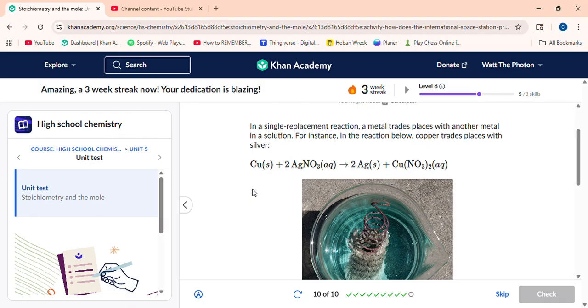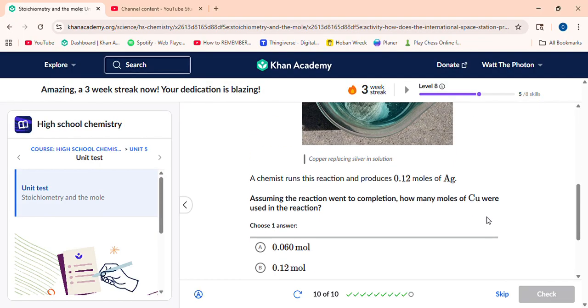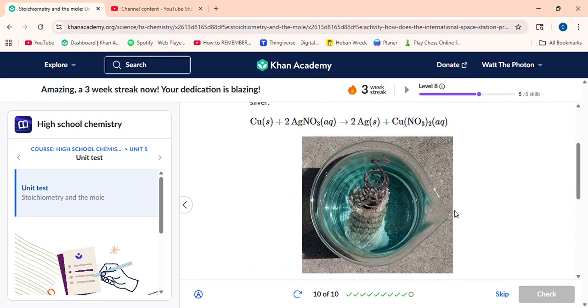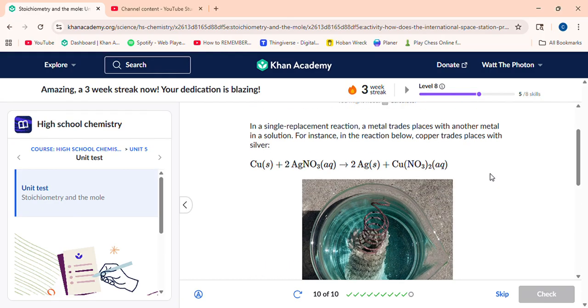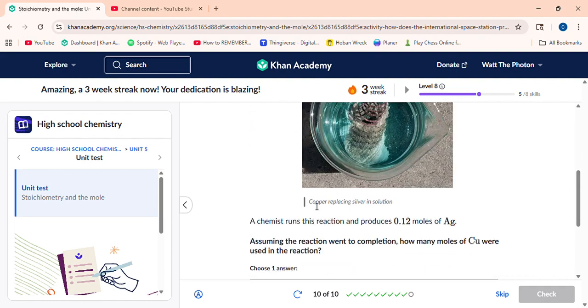So you have copper solid plus silver nitrate turns into 2Ag plus Cu nitrate. Moles of copper were used in the reaction. So if we made 0.12 moles of silver, then it made 0.06 moles of this copper salt right here.